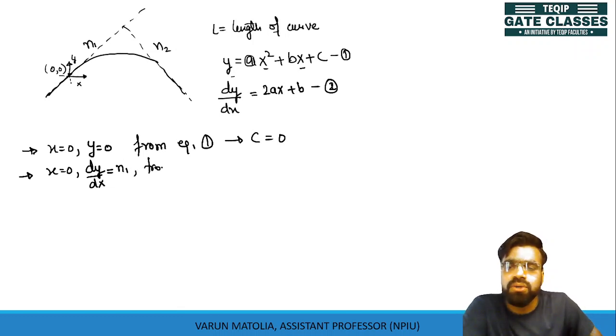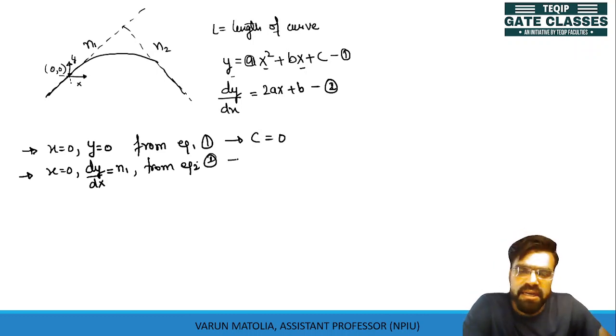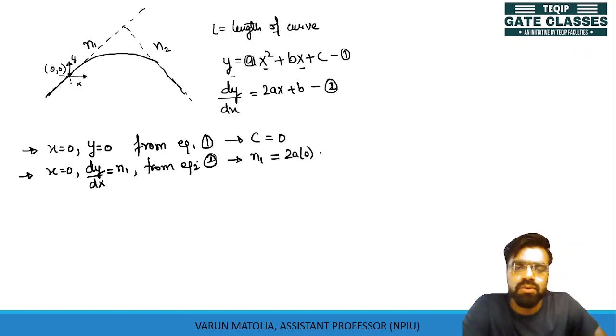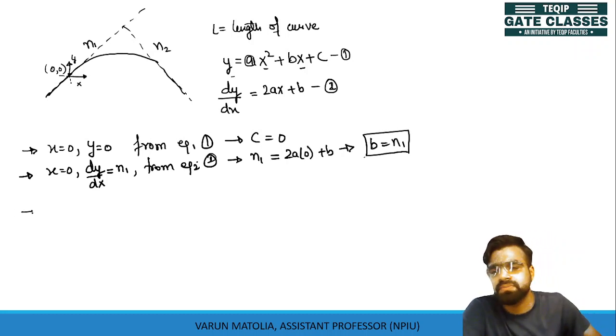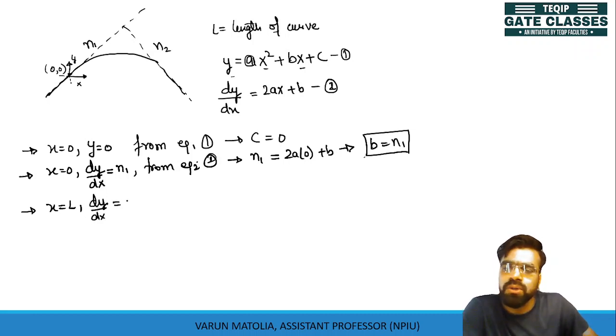So from equation 1, dy by dx n1 equals 2a times 0 plus b. So from here we have b as n1. This is another constant. With another boundary condition, x equals L, dy by dx will be equal to n2.